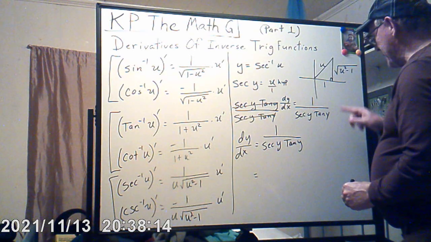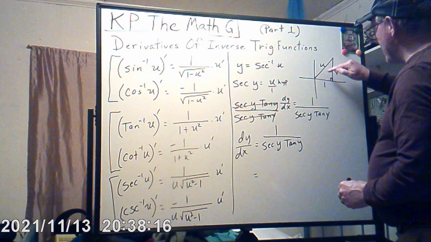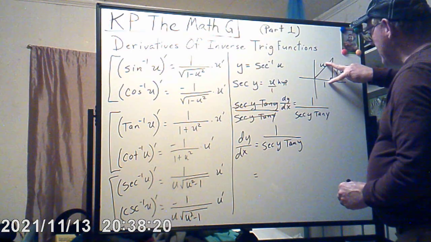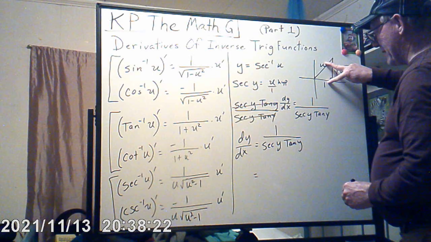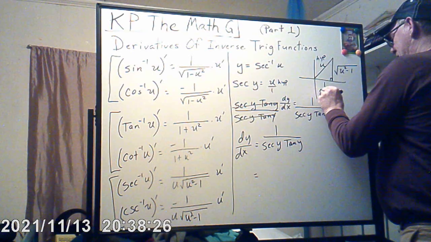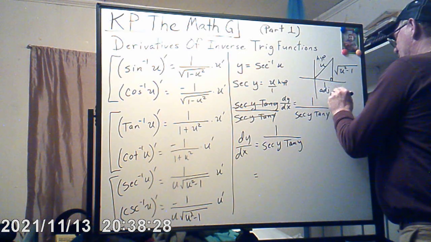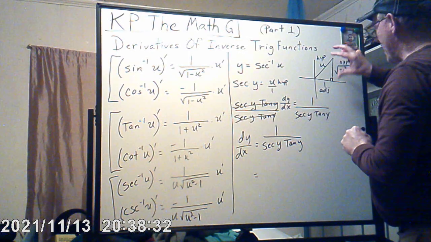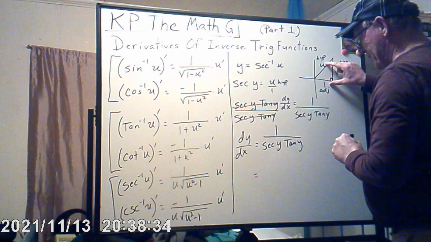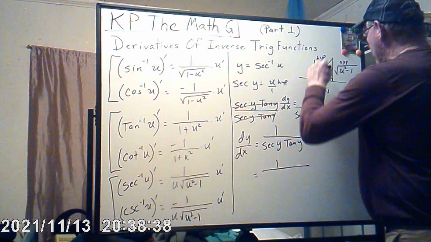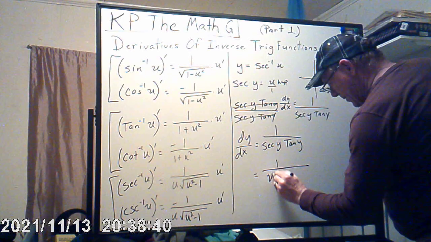Okay, so let's see. Secant is, remember, the hypotenuse over the adjacent. So this is the hypotenuse, this is adjacent, this one is opposite. The hypotenuse over adjacent is u over 1. So now it's 1 over u over 1, which is just u.